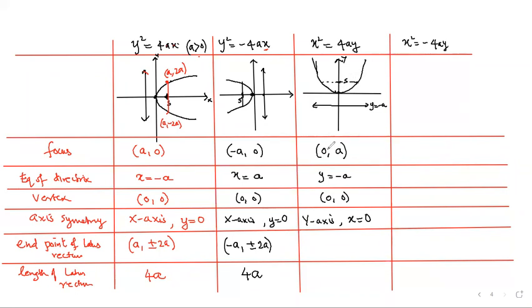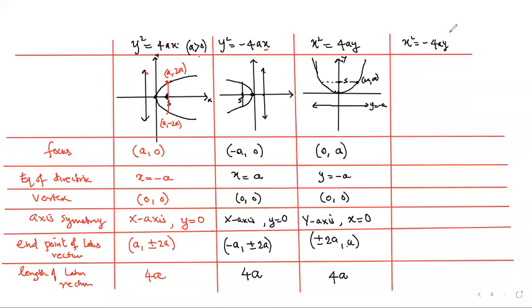The focus is 0, a. So here also the y coordinate will be a, and the x coordinate will be plus or minus 2a. Did you notice this part? Wherever there is a, it will be a only. Wherever 0, that part will become plus or minus 2a. Earlier the focus was minus a, 0, and it became a, plus or minus 2a. And the length will not change.